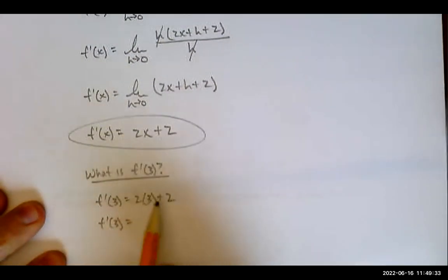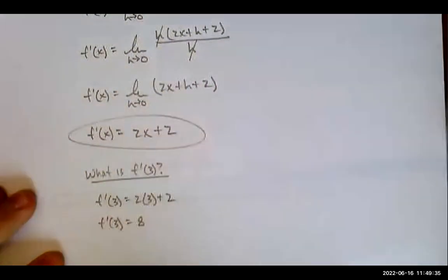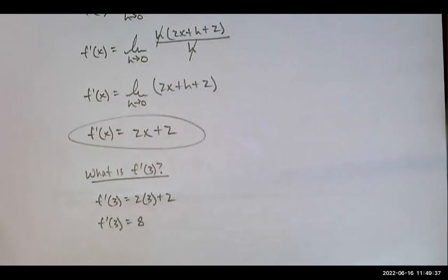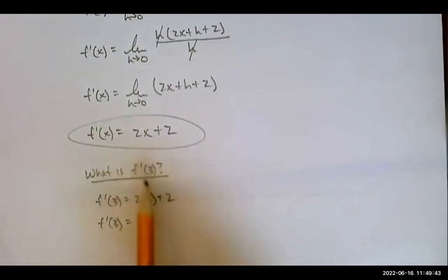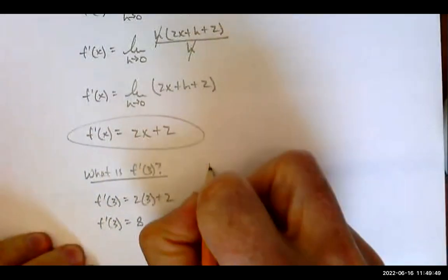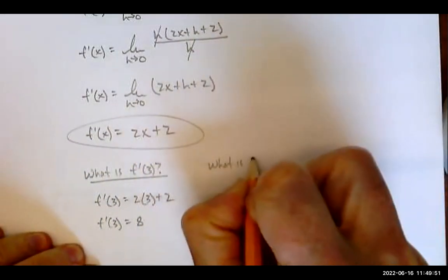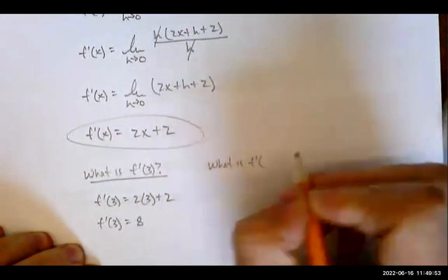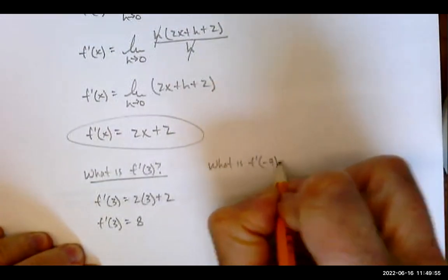And guess what? F prime of 3 equals 8, which is what we found before. Like, okay, well, we were doing this already. Sure, but now we could figure it out for other values of x very quickly, right? Like, what is f prime of, I don't know, -7?